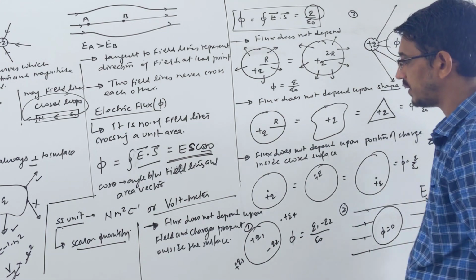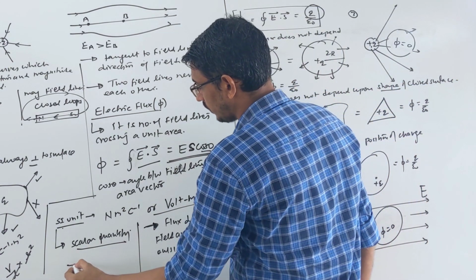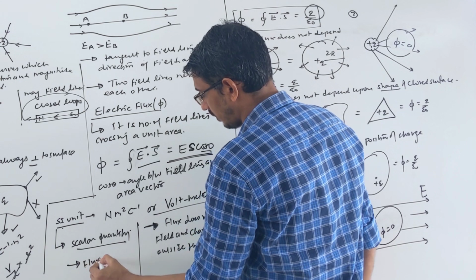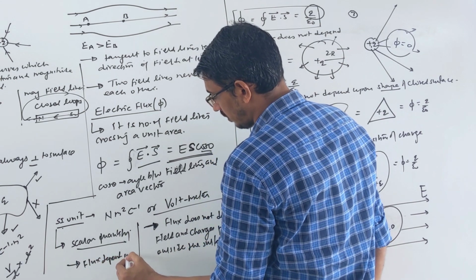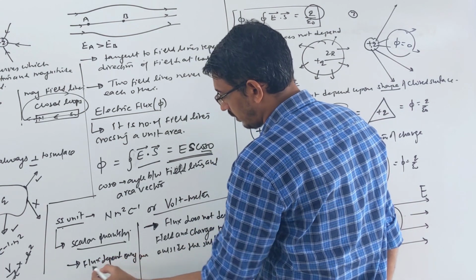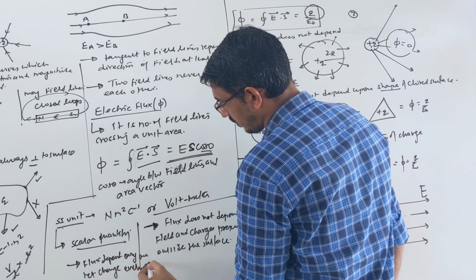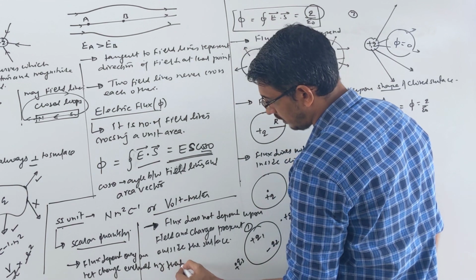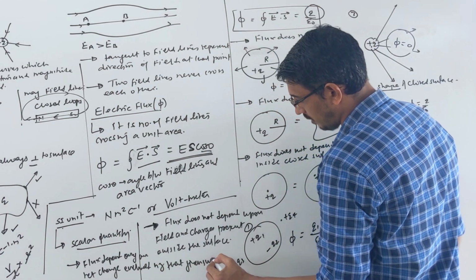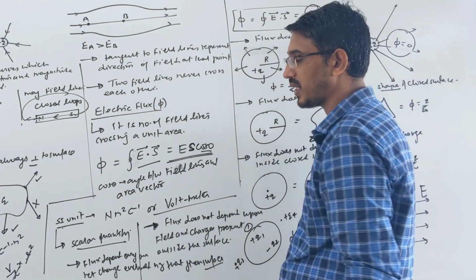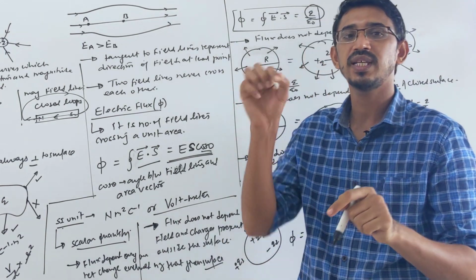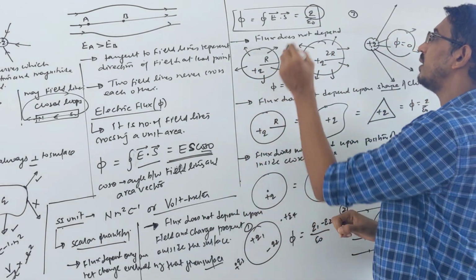So write the last sentence properly: flux depends only on net charge enclosed by that given surface. How much net charge is enclosed by that given surface, inside the surface, depends only on that.